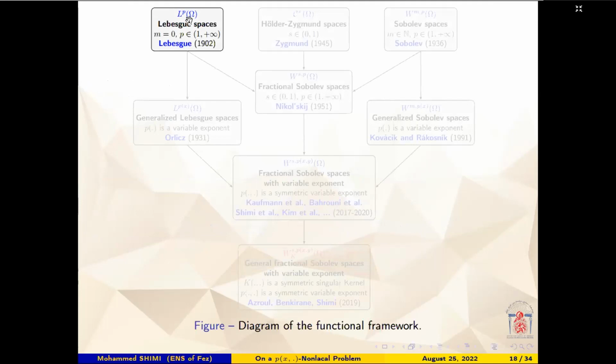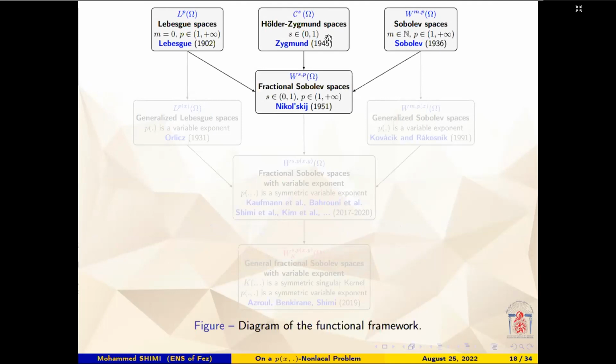We have, in the first instance, the Lebesgue space and the classical Sobolev space. These spaces are defined in the case of integer derivative, and for the fractional derivative we have the Hölder-Zygmund space. If we combine those three spaces, we can introduce the fractional Sobolev space.